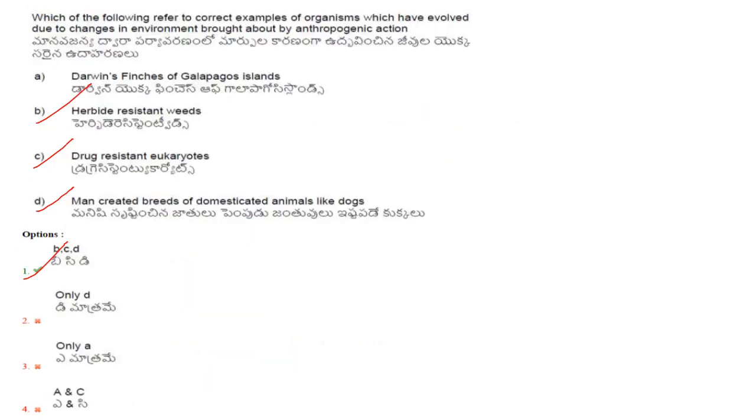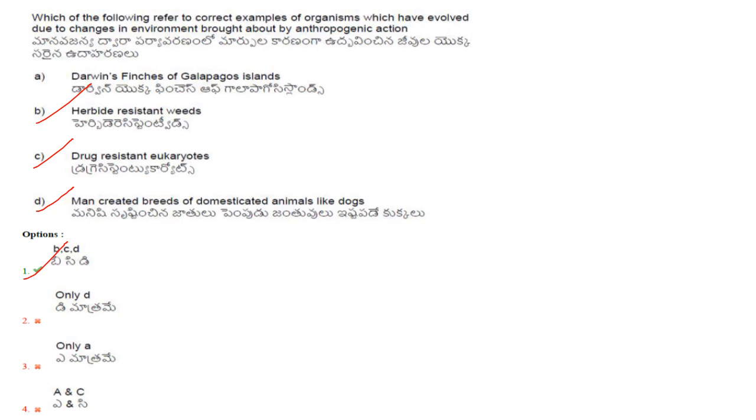Then which of the following refers to the correct examples of organisms which have evolved due to changes in environment brought about by anthropogenic action? So what is anthropogenic action? This involves the activities that are caused by humans in a negative way.